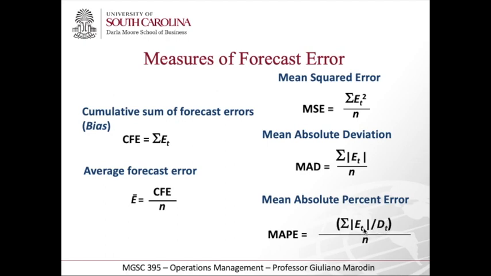So that's the sum of the absolute error divided by the demand, and you calculate the mean of that depending on how many different periods of time you have. But it's giving you a percentage error instead of a unit error. It is a percentage error because it's demand minus forecast divided by demand. So it tells you what percentage of the demand you got wrong, higher or lower. And it's always positive because it's the absolute value.